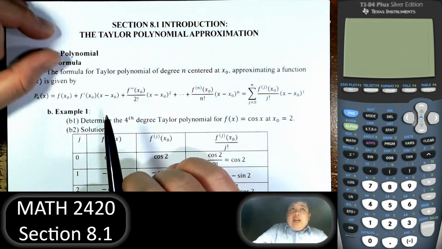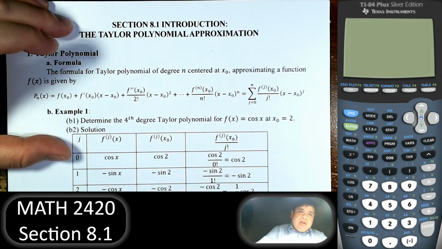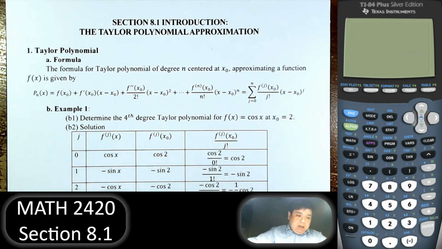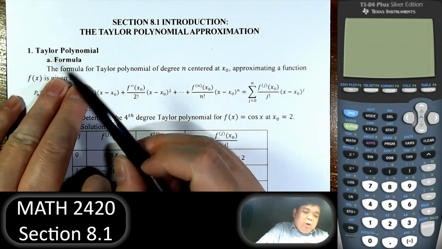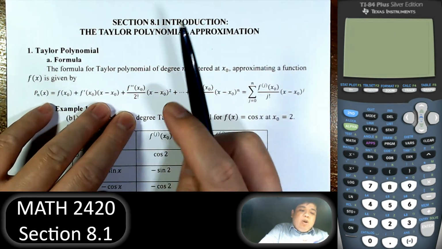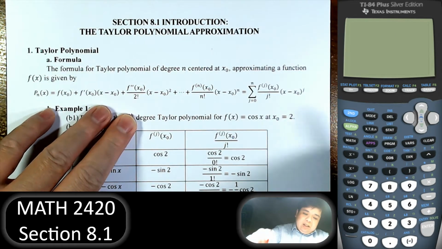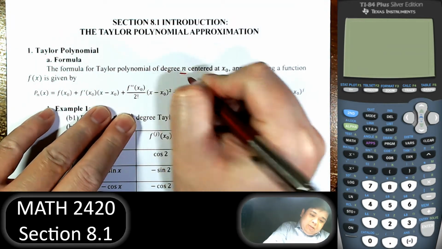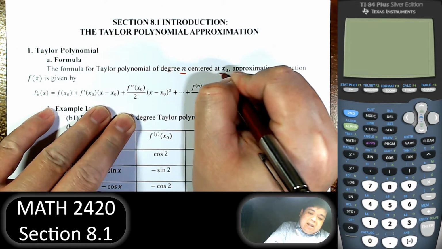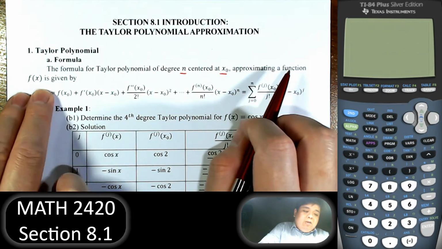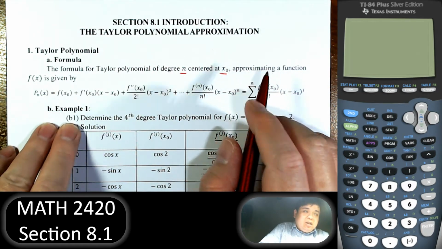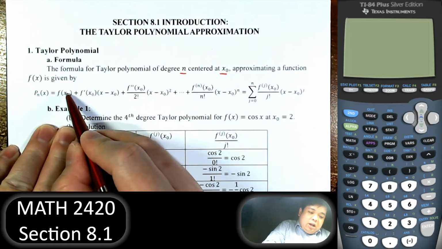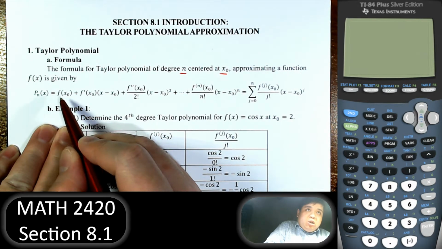First, the Taylor Polynomial approximation. The formula for the Taylor Polynomial of degree n, centered at x0, approximating a function f of x is given by this. The center is at x0, so we evaluate.